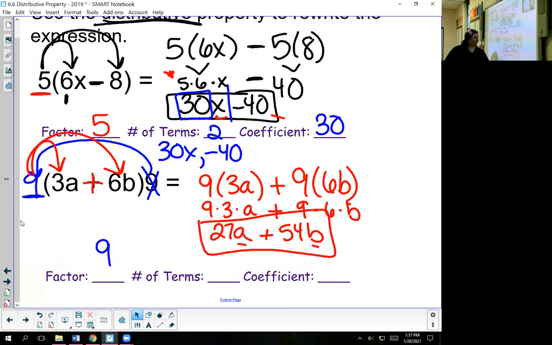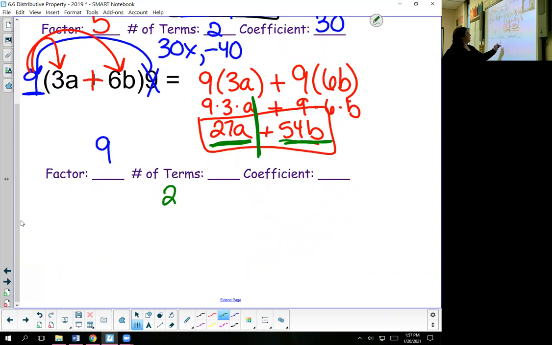Okay, in this example here, how many terms? Still addition or subtraction. So I have 2 terms, which are 27a and 54b. I have 2 of them. What's the coefficient? Oh, it's the number in front of the variable.